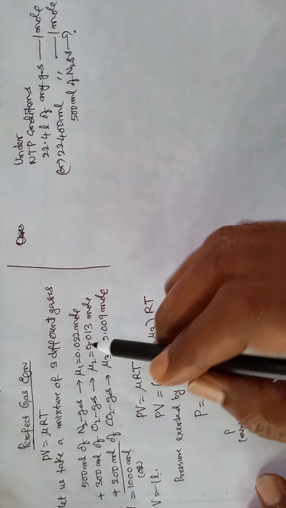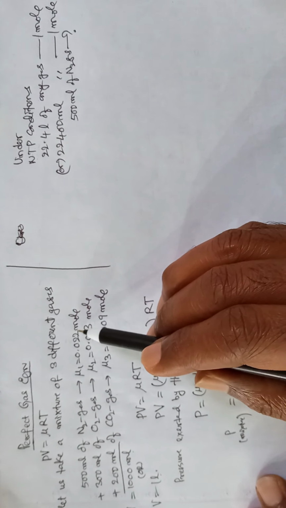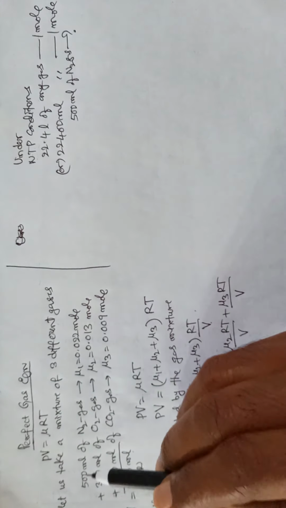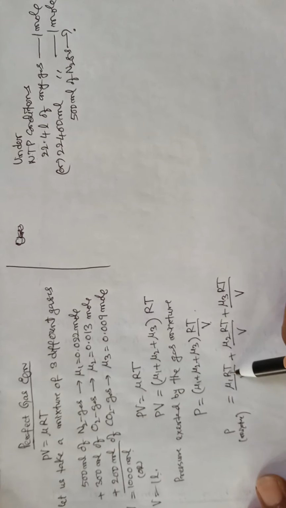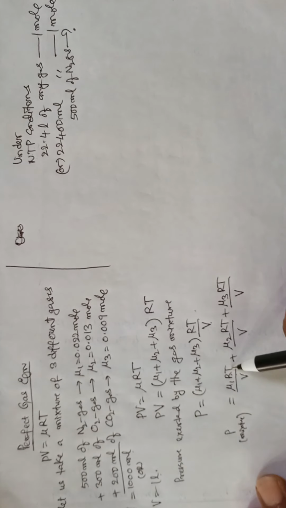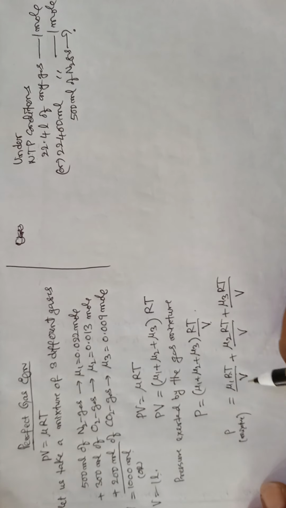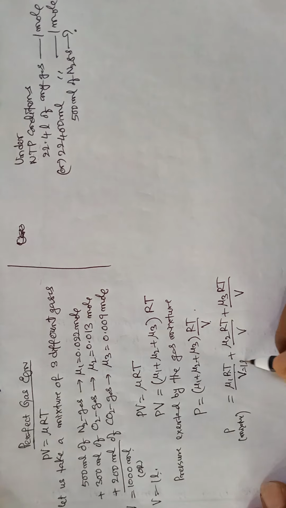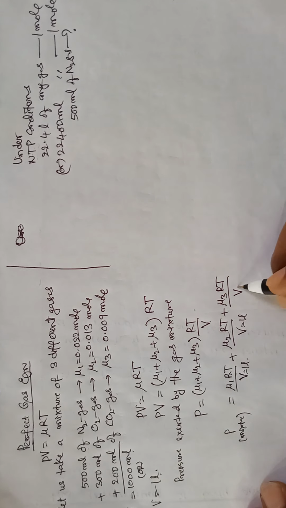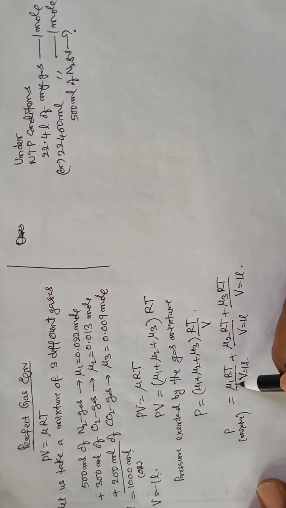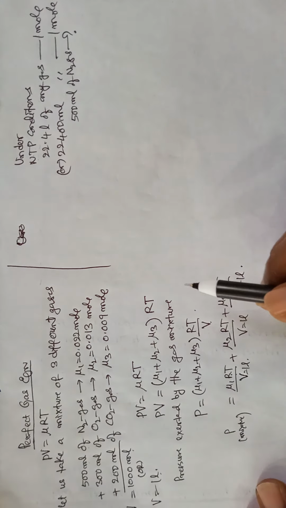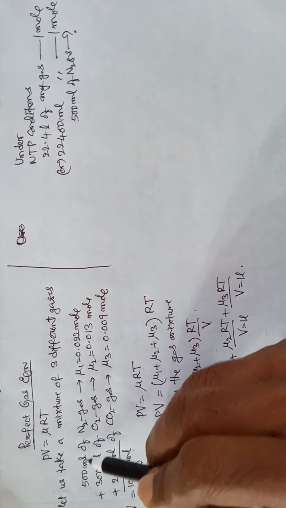What is mu1? Mu1 is the amount of substance present in 500 ml of nitrogen gas. R is the universal gas constant, T is temperature, and V is volume, and here V is 1 liter volume. Here also 1 liter, here also 1 liter. But here mu1 is the number of moles of nitrogen gas present in 500 milliliters.